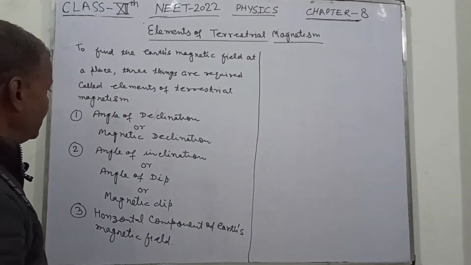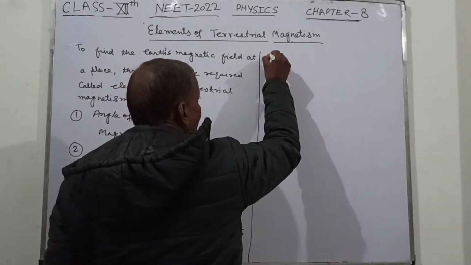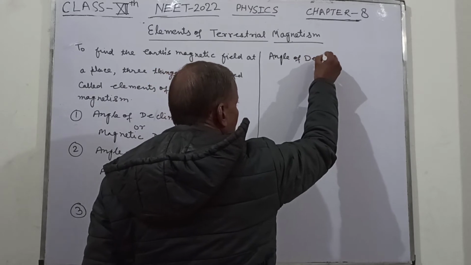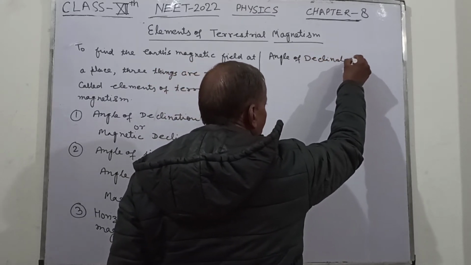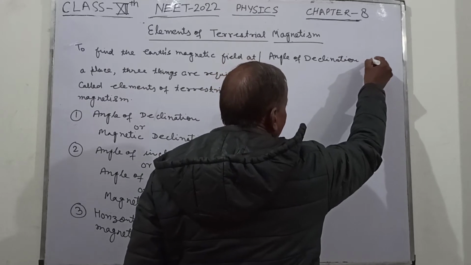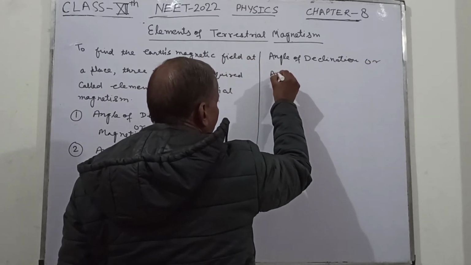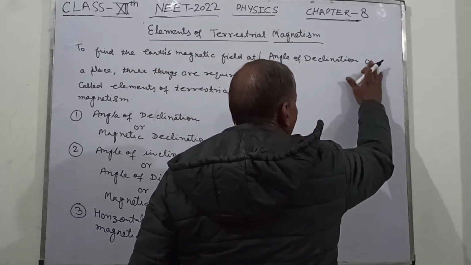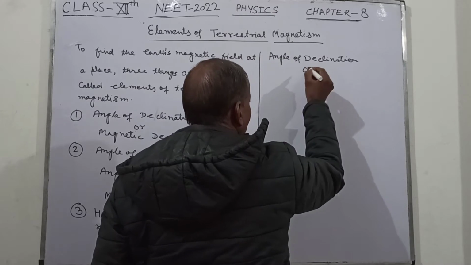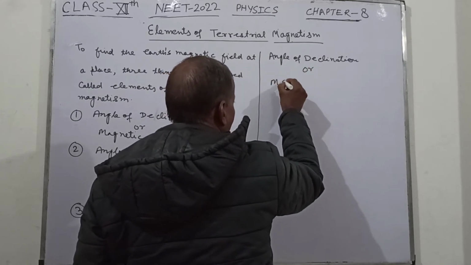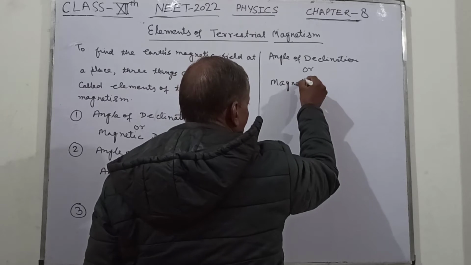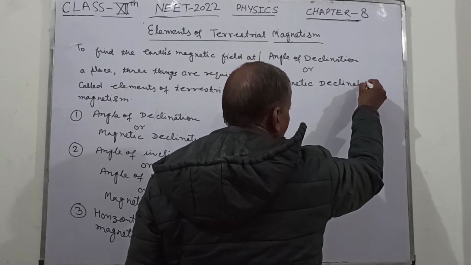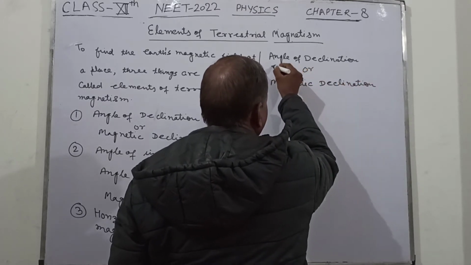The angle of declination, or magnetic declination.